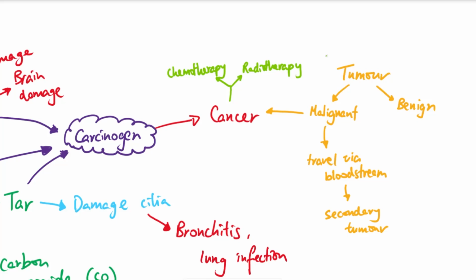Now, some of you might think, okay, but ionizing radiation is a carcinogen, so why are we using radiation to treat cancer when it can cause cancer? There are many different types of radiation, which you would learn in physics. Some of them are ionizing, some of them are not. But the idea goes back to the concept of correlation and causation.